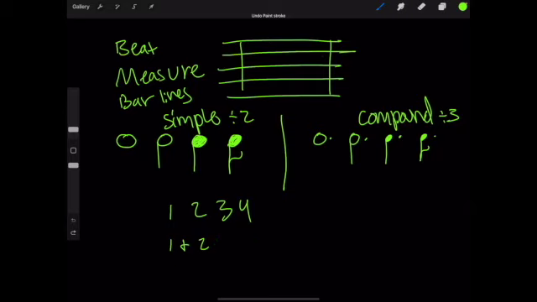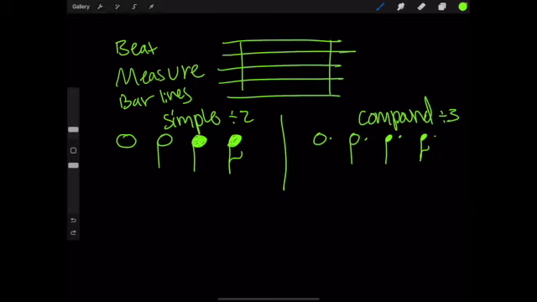So now, we know that over here I said we're dividing the beat by 2, right? So if the whole note is the beat, then that means that the beat can be divided by 2, which is 2 half notes, right? If the beat was a half note, then the beat division would be 2 quarter notes, because it's divisible by 2.